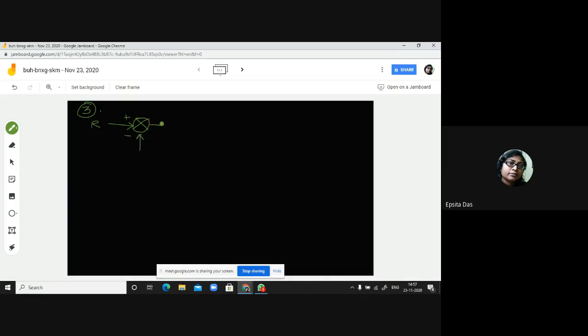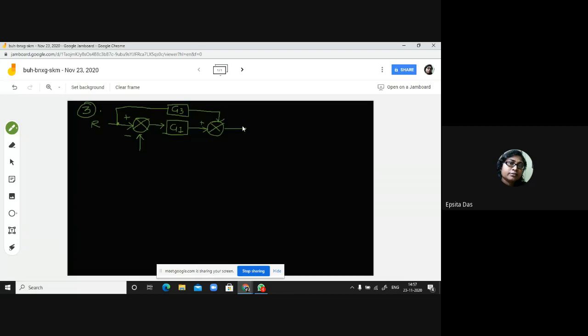Now I am getting a G1 block over here. This is my G1, and I am getting plus, and this is R, and here I am getting a parallel G3 which is connected to this second summer, and the signal is coming from R. Okay, so this is a parallel path.